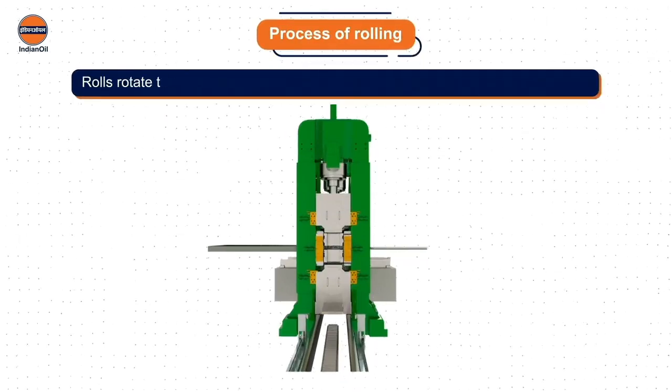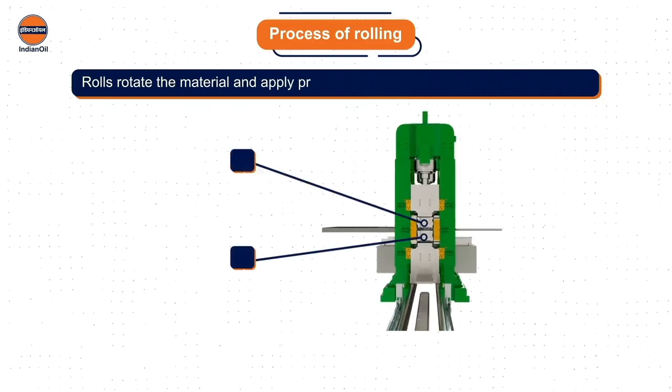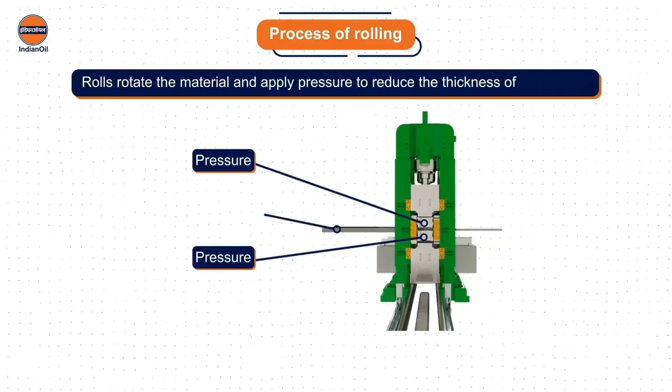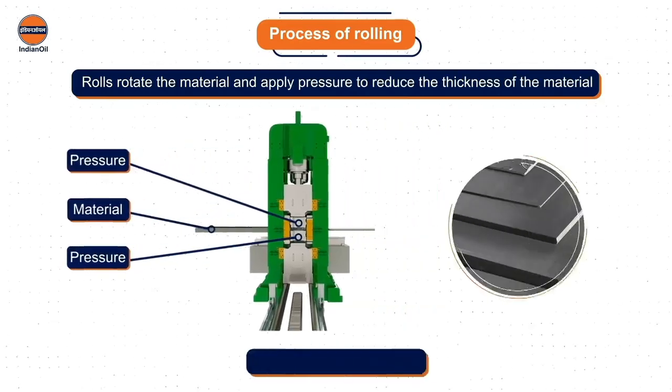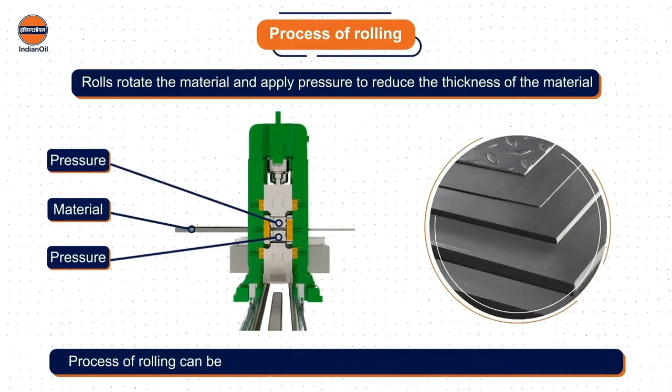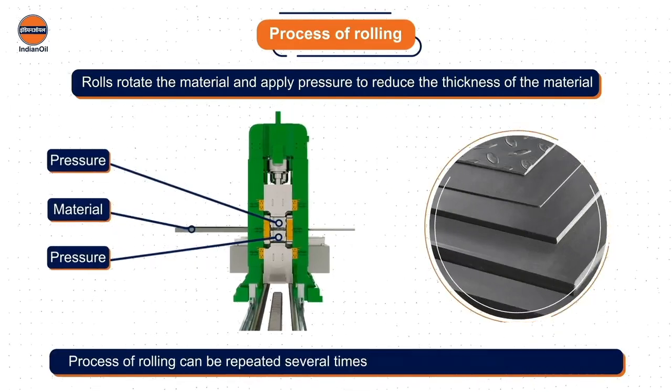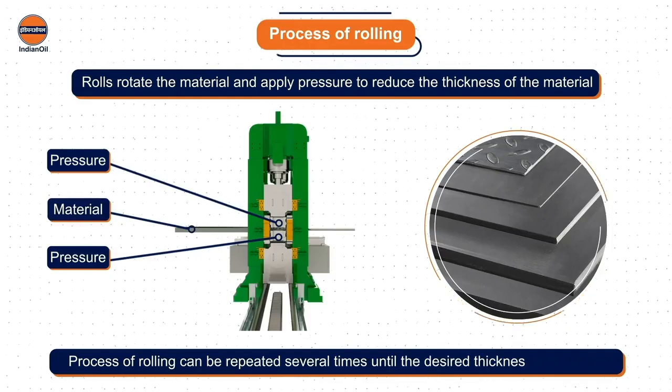The rolls rotate the material and apply pressure to reduce the thickness of the material. The process of rolling can be repeated several times until the desired thickness is achieved.